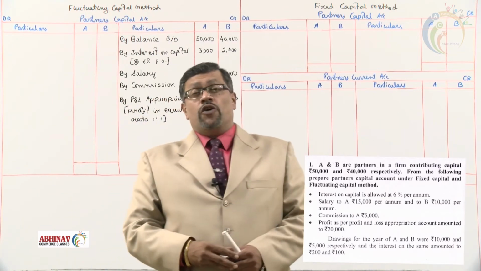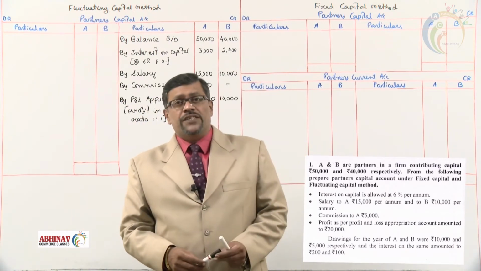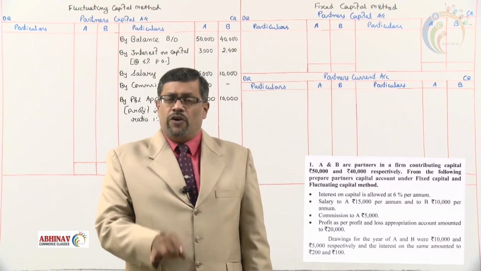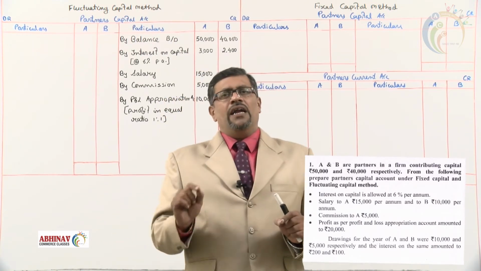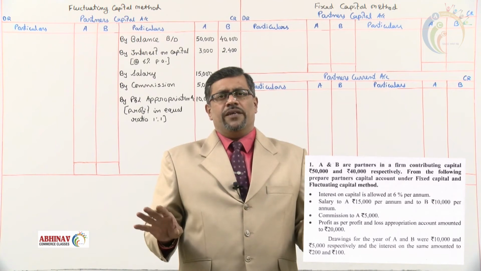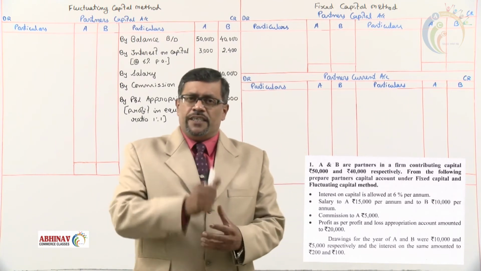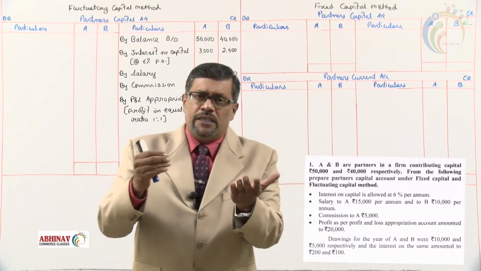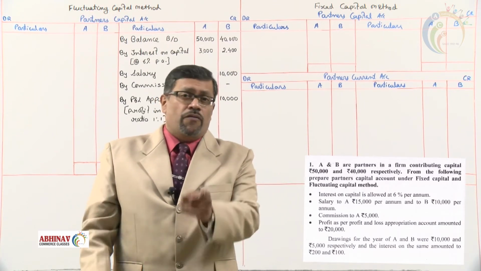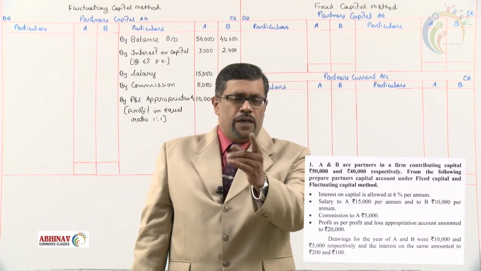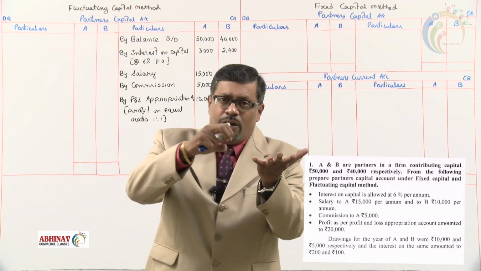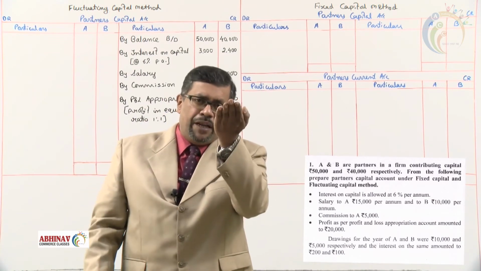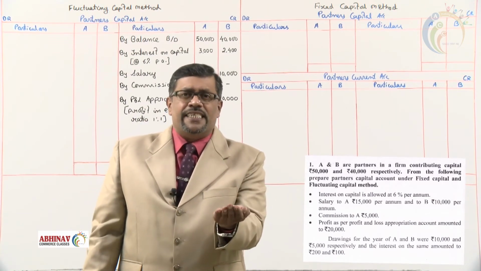Next, drawings are given. Drawings for the year, A and B, how much have they withdrawn? 10,000 and 5,000 respectively. Drawings means the amount withdrawn by the partners from the business for their private use. So when they withdraw the money out of the capital they have invested, it's obvious that their capital balance will decrease.